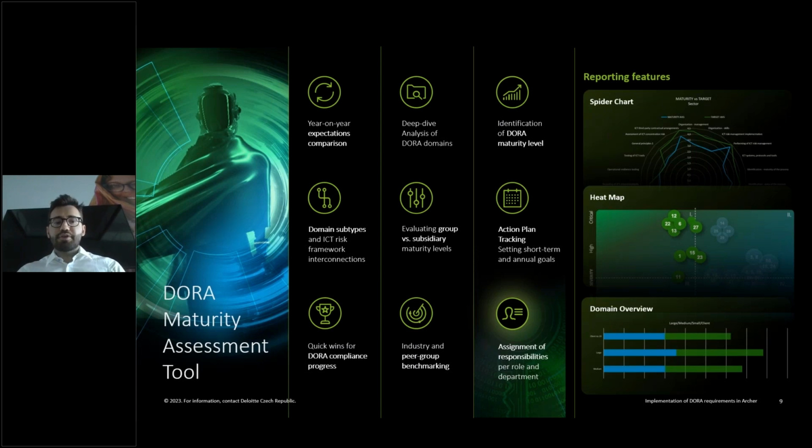And also, the last important feature which I would like to share, and which was created based on feedback from our clients, is a mapping of requirements to a specific activity and to a specific role. So for example, if you answer during the questionnaire that you don't have this requirement, or you only comply with this requirement partially, we are able to right away say that this requirement is going, for example, to the CISO role.